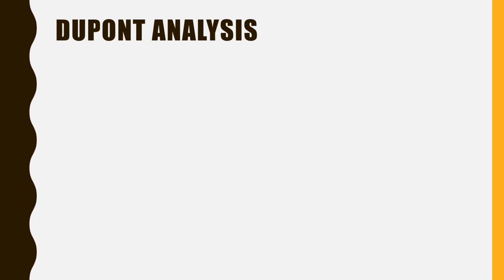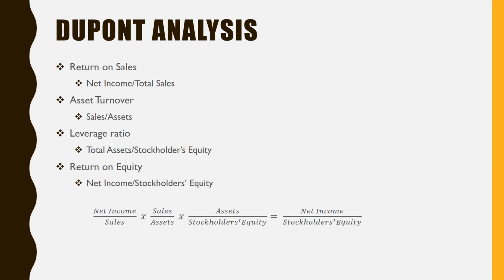That takes us to DuPont Analysis. Some people just figured out if they took some of these ratios and put them together, they really are related, and that's what DuPont Analysis is all about. We've already talked about the ratios: return on sales, asset turn, leverage, and return on equity.